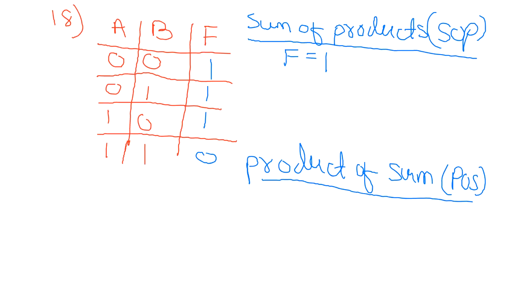So I write here, 0 0 means A bar B bar, plus. Then you have 0 1 also as 1. So 0 1 means A bar B. Plus A B bar.